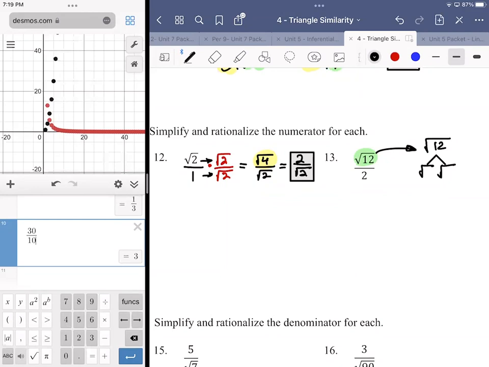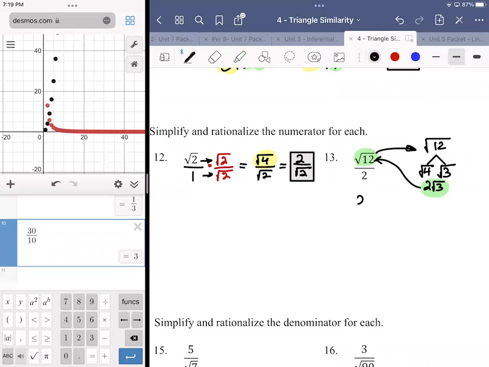Right? The nearest perfect square factor to the half value of 12 is 4. So 4 times 3, square root of 4 is 2, 2 rad 3. So the 2 rad 3 replaces the 12.